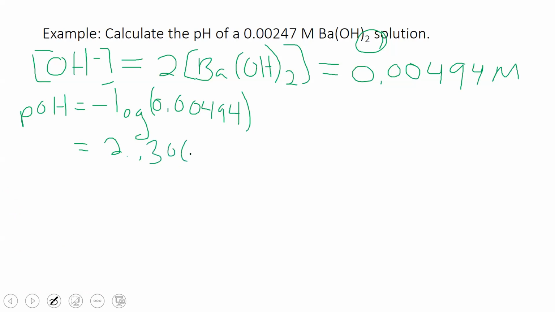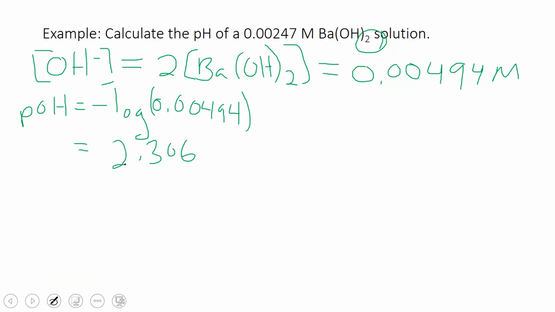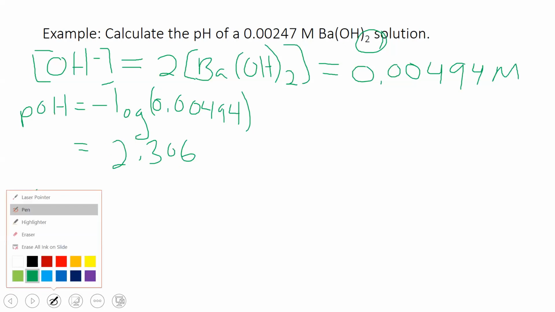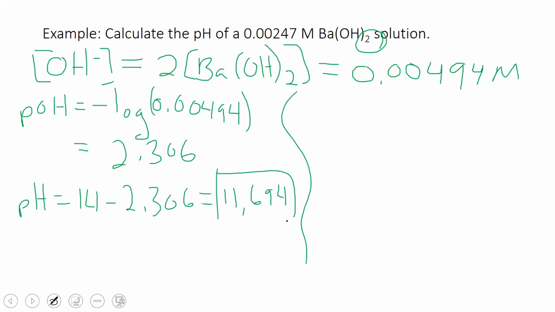There, 2.306, and then find pH is equal to 14 minus 2.306. So you wind up with 11.694. Or you could do it the other way, where you calculate the hydronium ion concentration.